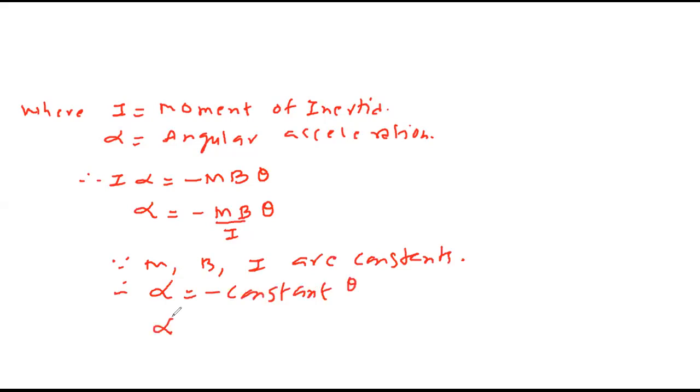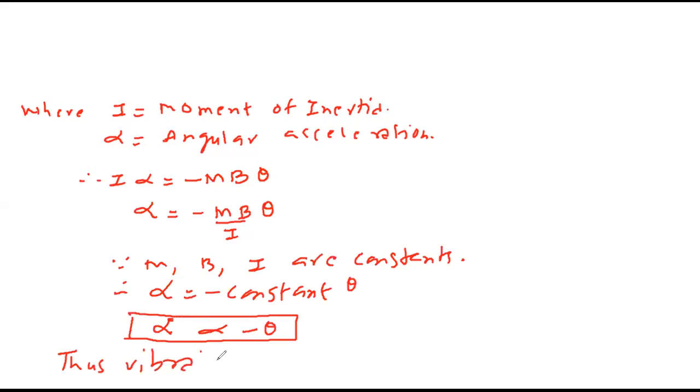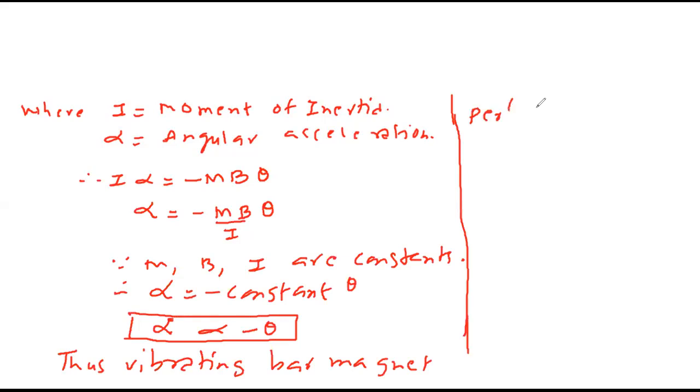So alpha is proportional to minus theta. Thus, the vibrating bar magnet performs angular SHM.